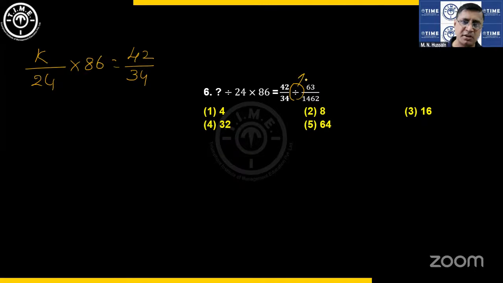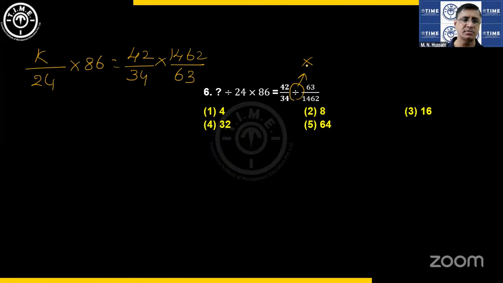When you change the division symbol to multiplication, the fraction will get reversed. So k by 24 into 86 is equal to 42 by 34 into 1462 by 63.